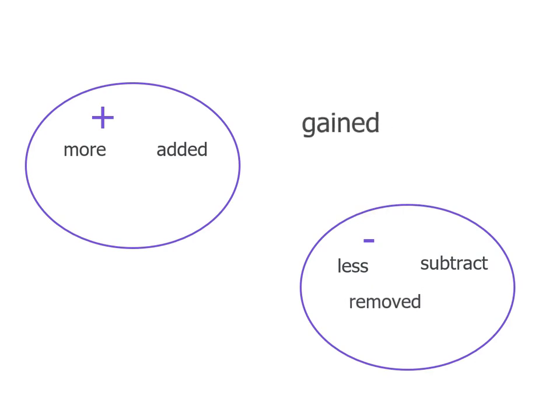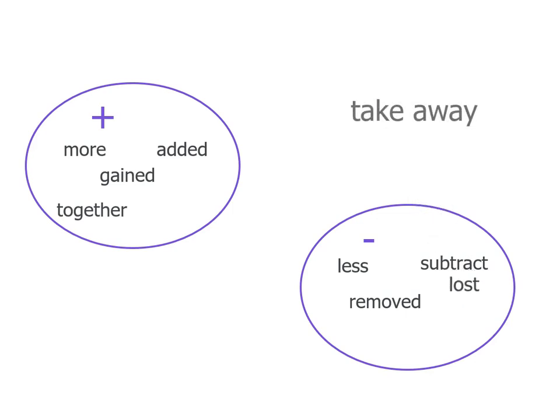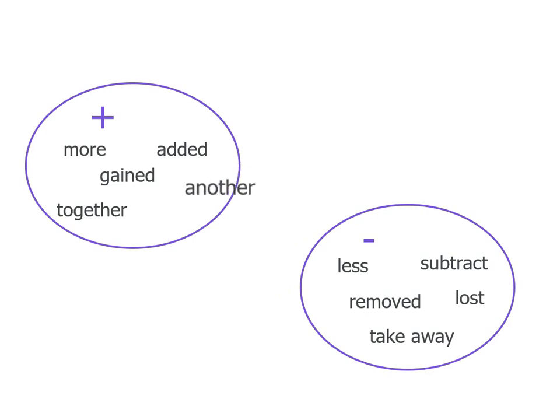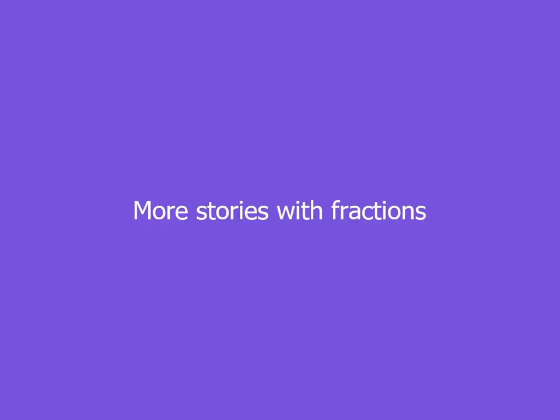If we've gained something, we've got more, so we've added on. Together means all together, so we would add things together. If we lost something, it was taken away or subtracted. So take away is also subtraction. Another means more, so we would add if we saw another.